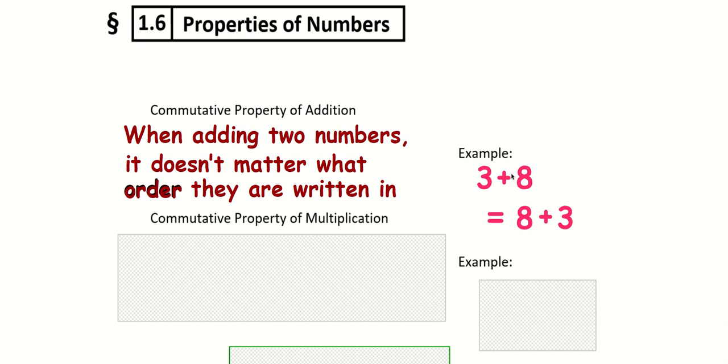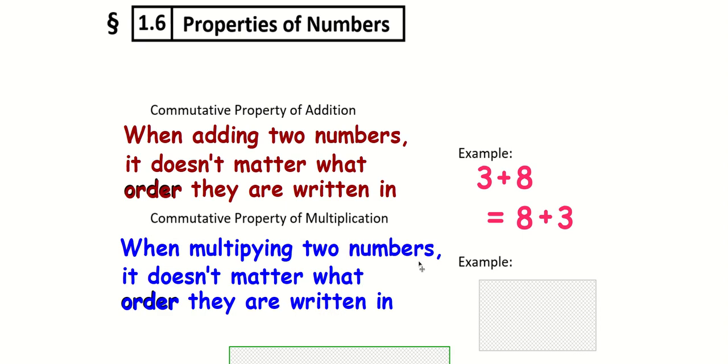Some of these are like no duh properties, but we just want to give them names. Now there's also a commutative property of multiplication, same sort of thing, but instead of addition, it's multiplication, because again, you know that 3 times 8 is literally the same as 8 times 3.